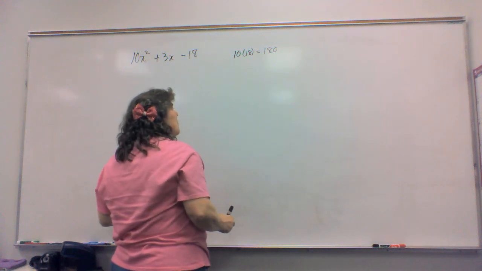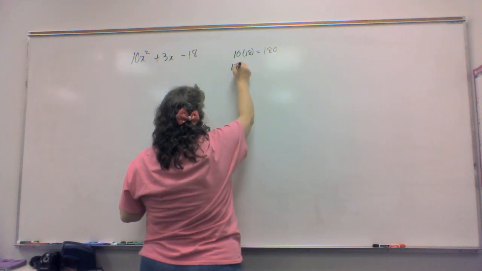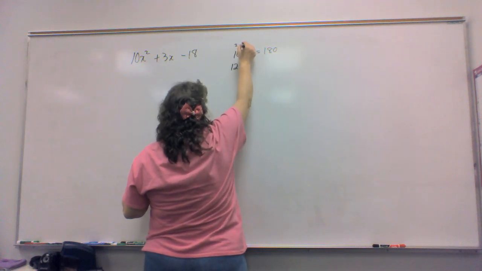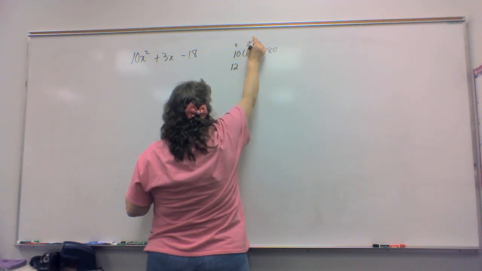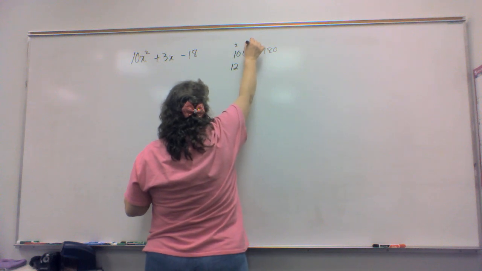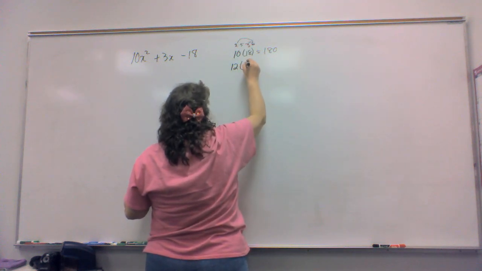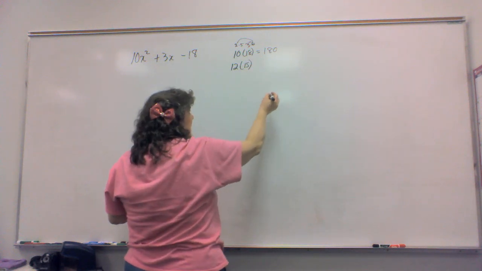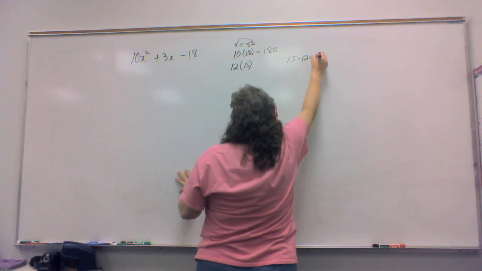Okay, so I believe, let's see, let's try 12. This will be 2 times 9, no, 3 times 6. So 6 times 2 is 12, leaving 15. That's 180, and 15 minus 12 is 3.